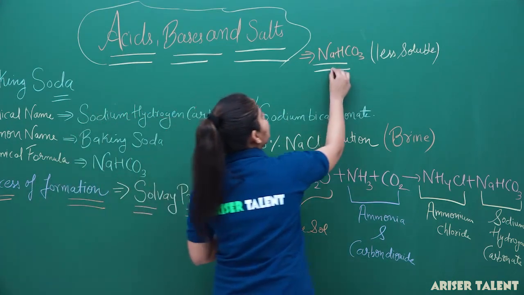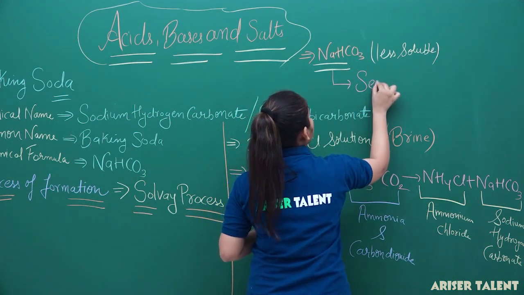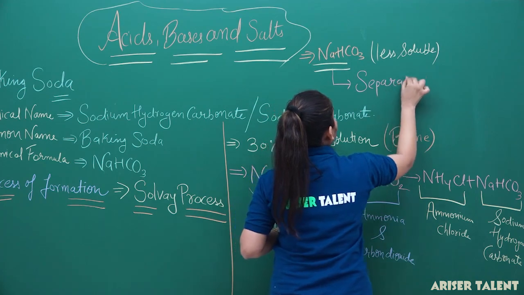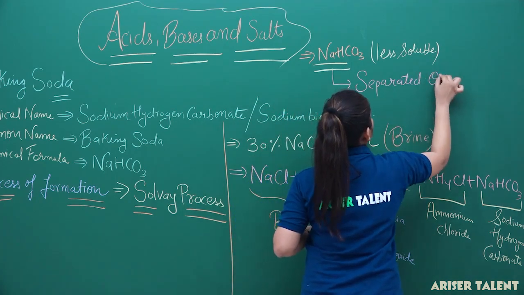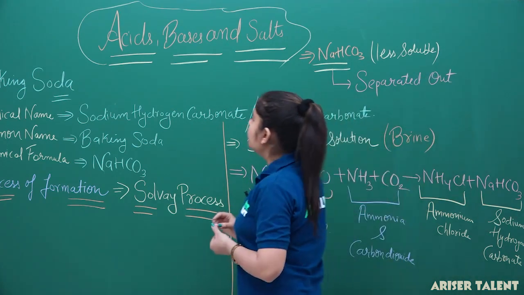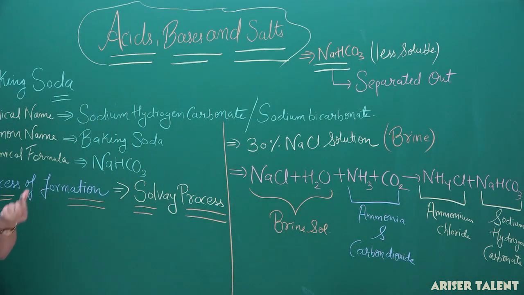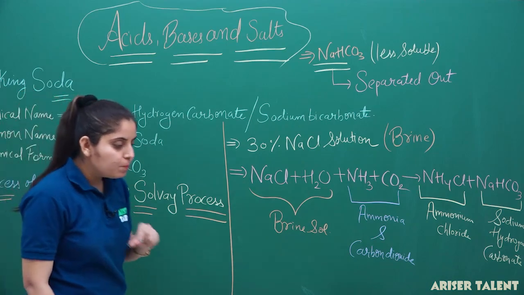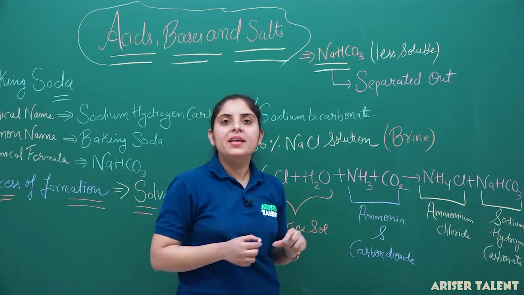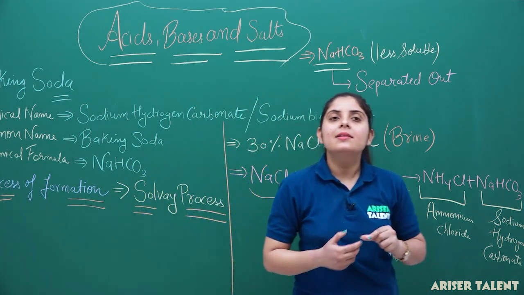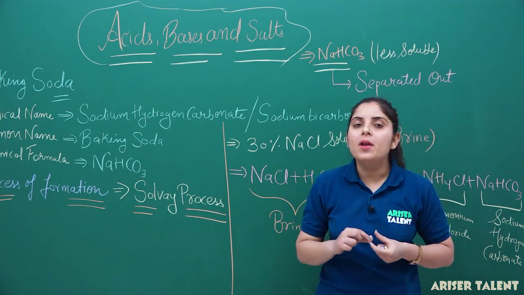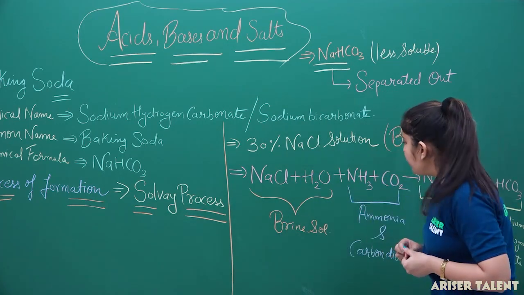So this is the basic process in the formation of baking soda by the Solvay process. Now we will deal with some of the properties and uses of baking soda that are very important. Before I write the properties, you can copy it from here.